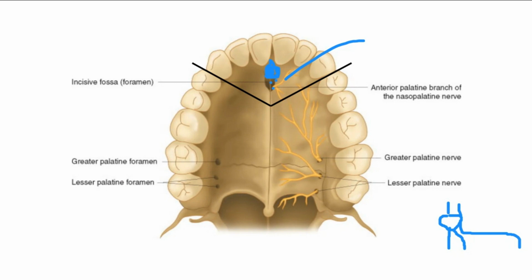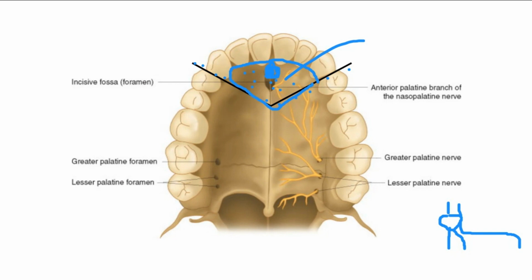And I want you to notice these black lines right here. I put this here for a reason. This is the territory of the nasopalatine nerve. It's going to feed this area right here, everything in here.